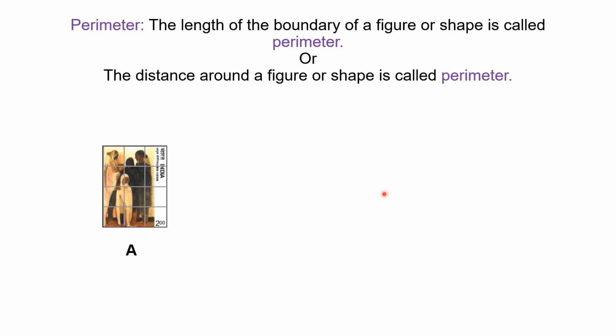Let us find out the perimeter of a stamp named A. This stamp is divided into some squares. The side of each square is 1 centimeter. Let us move along the boundary of this stamp.